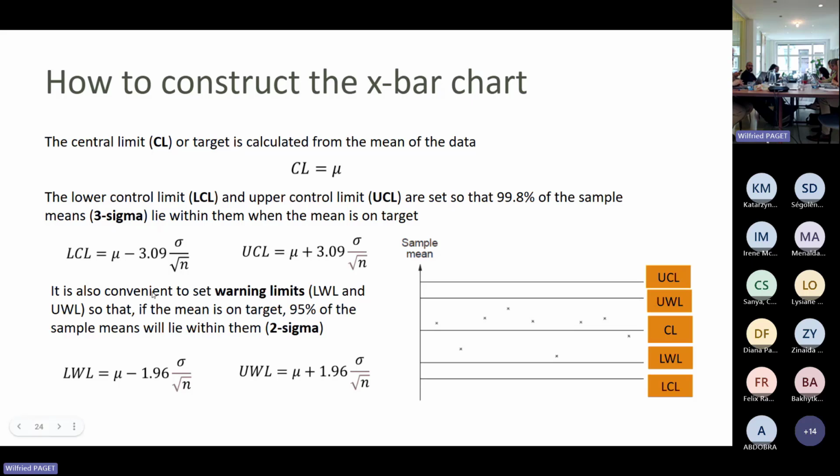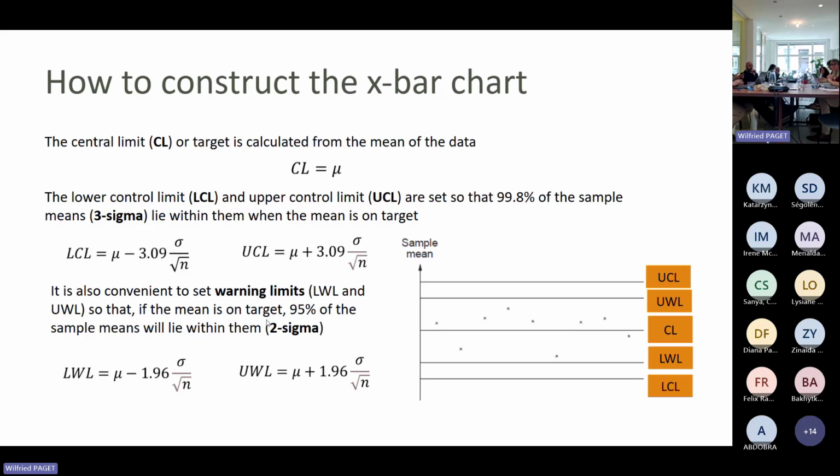In fact, we use the standard error. If you take a look at this lower limit and upper limit, we have the mean minus 3.0. This 3.0 is the number that we need to multiply by the standard error in order to have this variation in the normal distribution. And sigma divided by the square root of n is the standard error. So you can use this or the standard error itself.